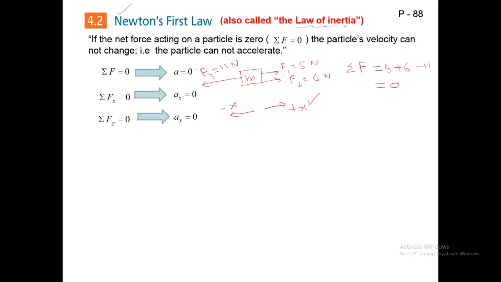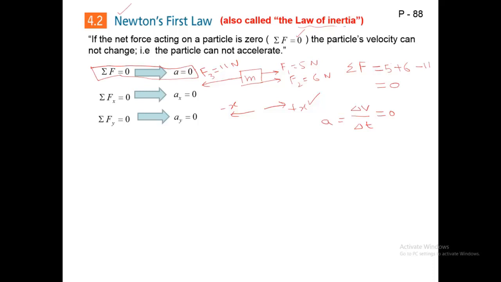So when the net force or the resultant force is equal to 0, the object's velocity cannot change. Of course, once the force is 0 on an object, you cannot change its velocity. And once the velocity is the same, initial and final, you have acceleration 0. So if the sum of the forces equals 0, acceleration is 0.